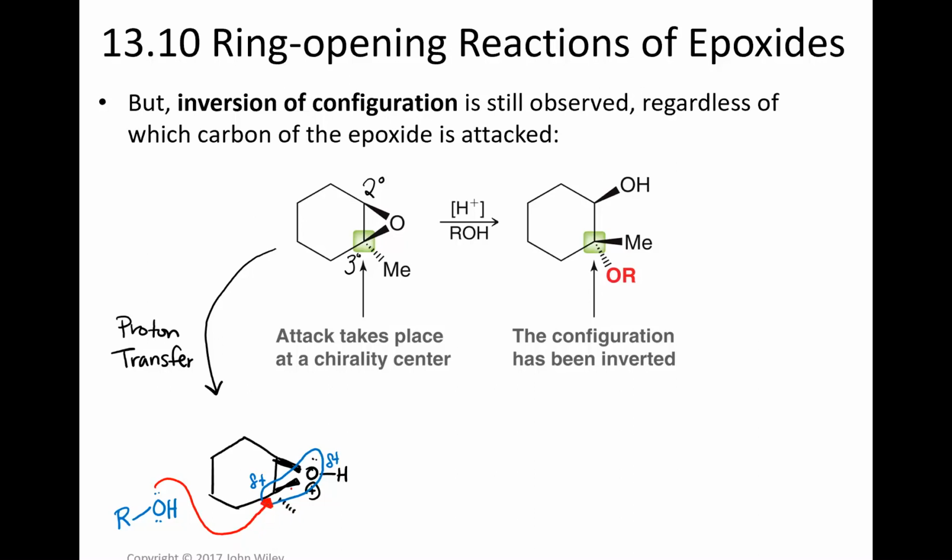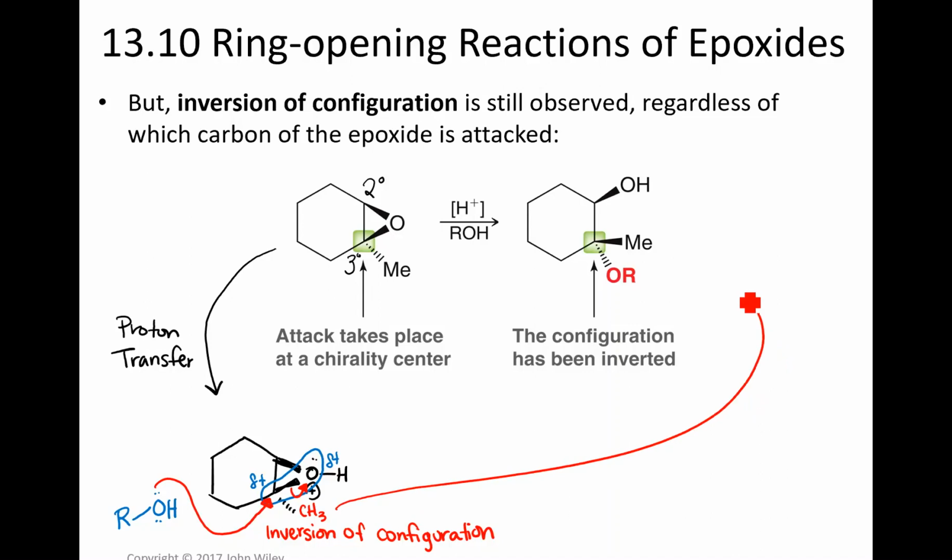It's still SN2, so it undergoes inversion of configuration, which is why you can see that the methyl group here that was down is now up because of that inversion.